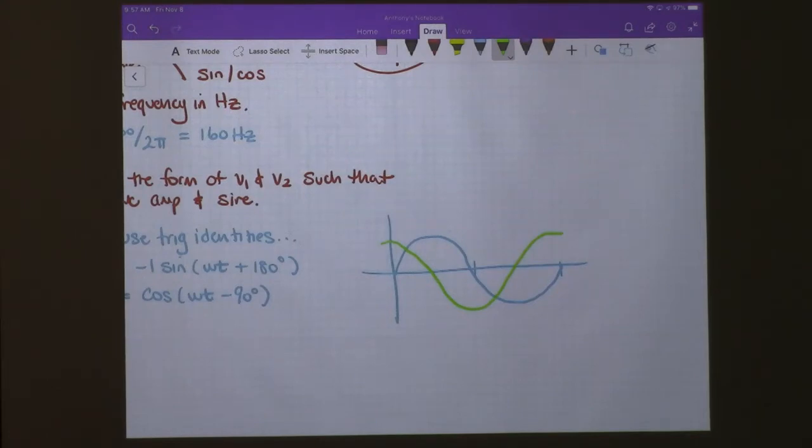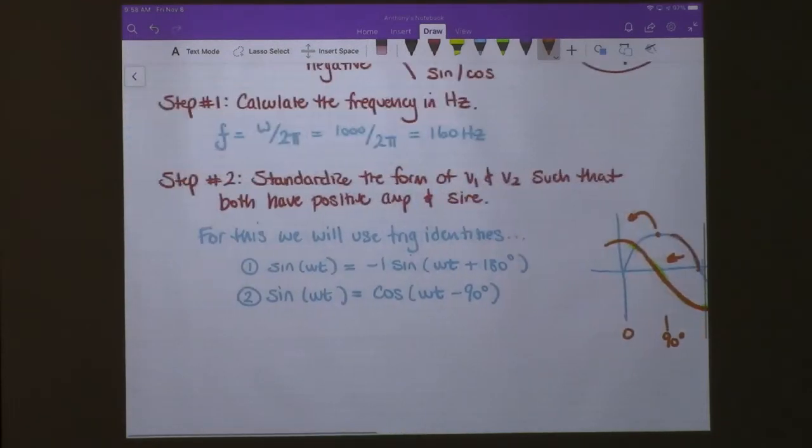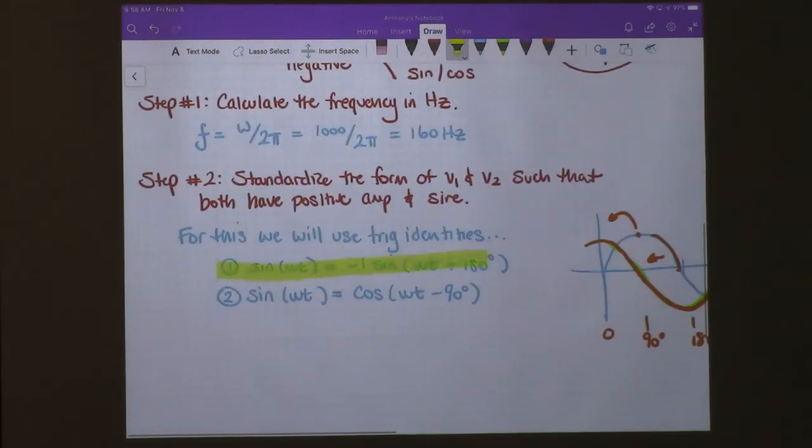How can I make the cosine wave look like the sine wave? By taking this, where this is 0, this is 90 degrees, this is 180, this is 270, and this is 360. If I take this waveform and just push it back 90 degrees, there's a 90-degree difference there, and it'll be equivalent to the sine wave. So these are the two trig identities that we are going to use.